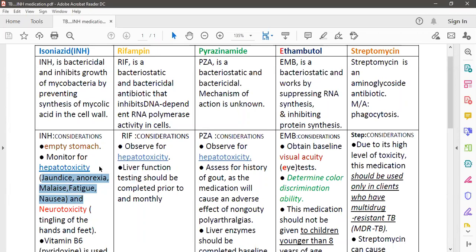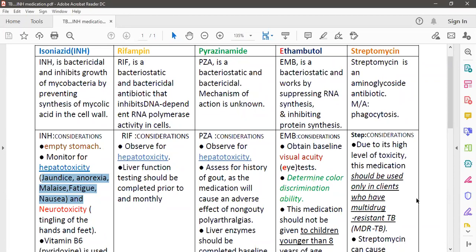How do we evaluate whether the liver is working or not? We should check liver function tests like AST or ALT. Liver function tests should be completed before starting the medication, and then every week or every 2 weeks to check liver function. We need the same information for isoniazid, rifampin, and pyrazinamide.